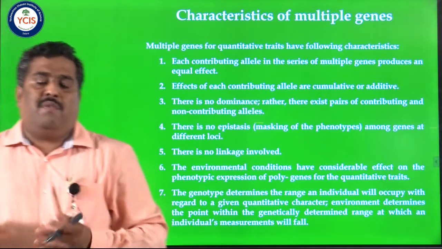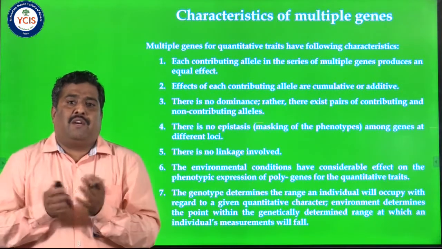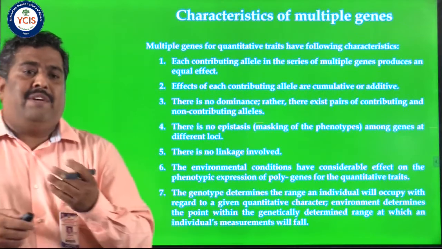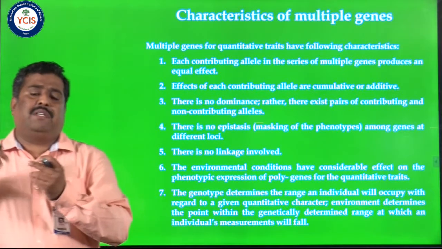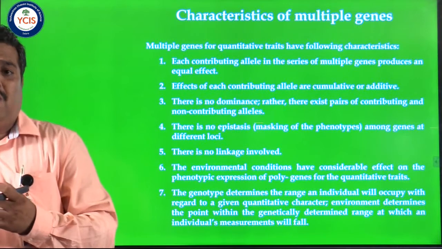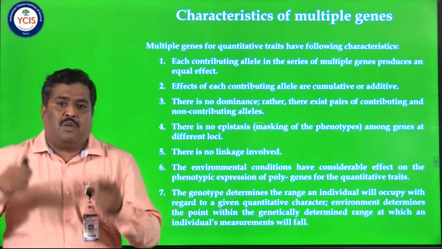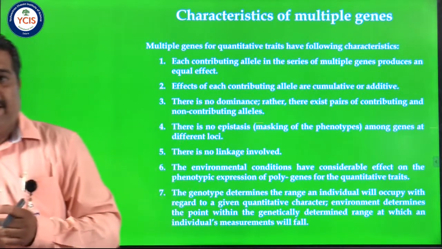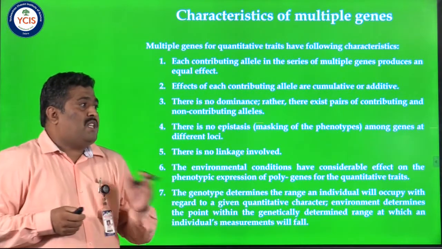The effect of each and every gene is a combined, cumulative or additive effect. So activity of one gene adds one parameter, activity of another gene adds another parameter, and the expression of a third gene adds another parameter, another trait. So the cumulative activity of all the genes contributes to the particular quantitative trait or phenotypic trait. There is no dominance.